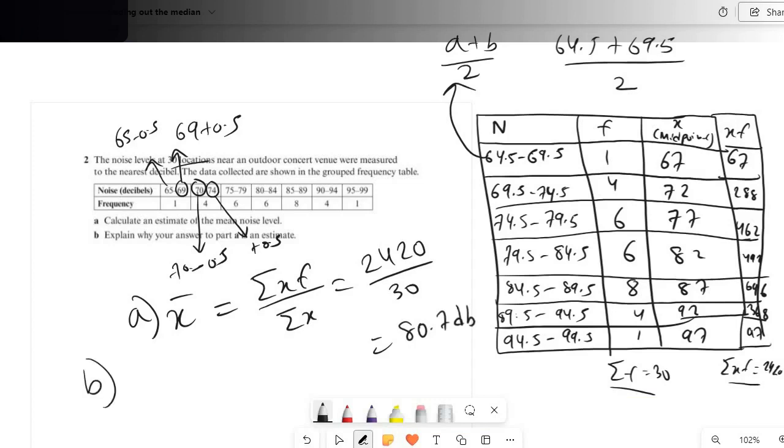For part B, we have to explain why our answer to part A is an estimate. Now, this is an estimate because we have taken the midpoints, and we don't exactly know how the data is distributed.